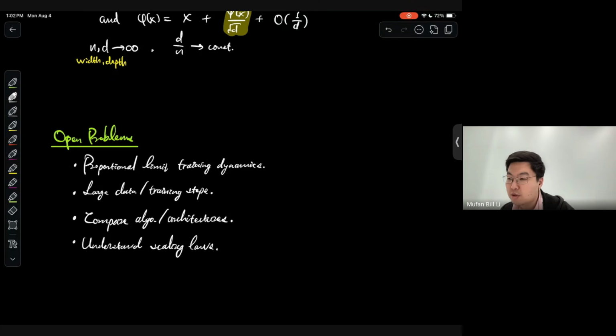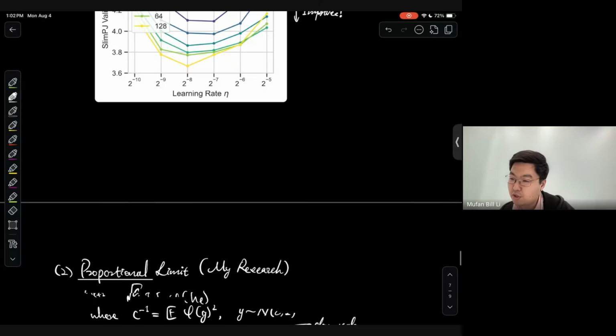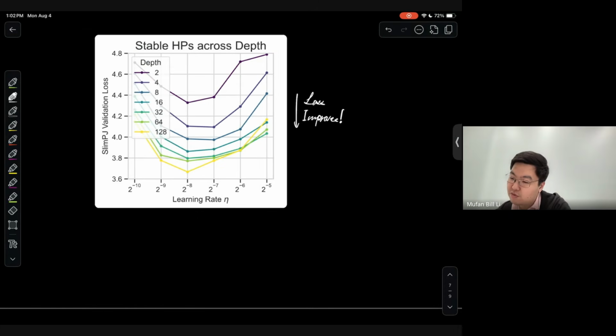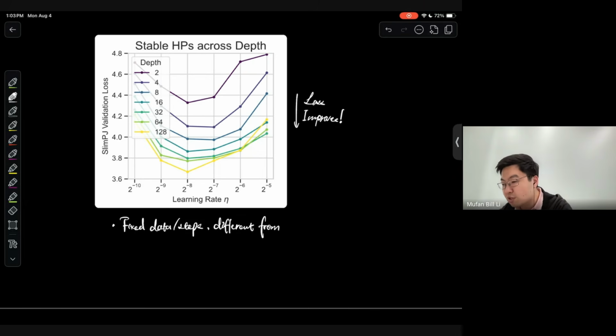If you go to our complete P paper, this figure, for example, is for fixed data and training steps. But the one I want to highlight is different, and we get a different figure from, say, the 20 TPP regime. This is tokens per parameter.